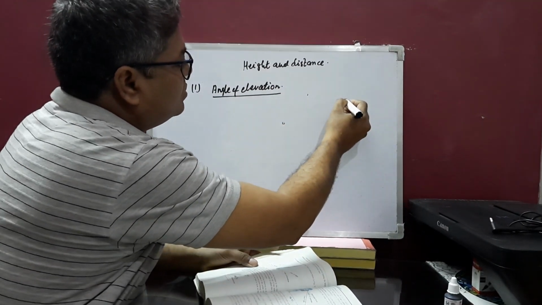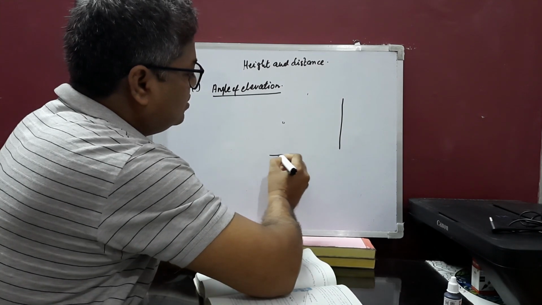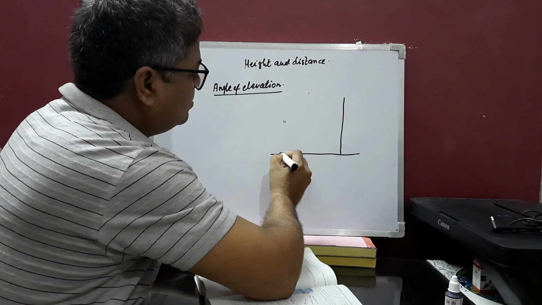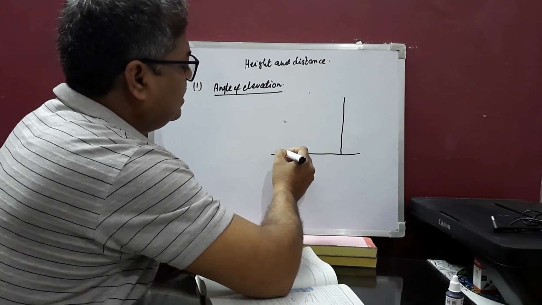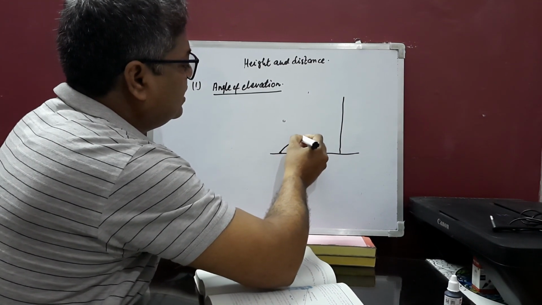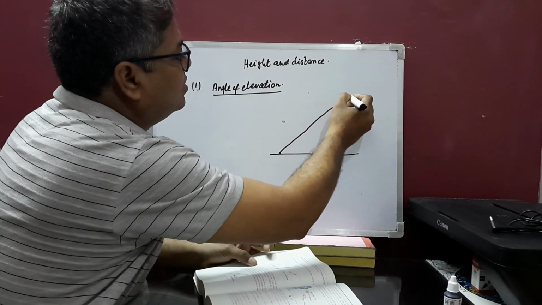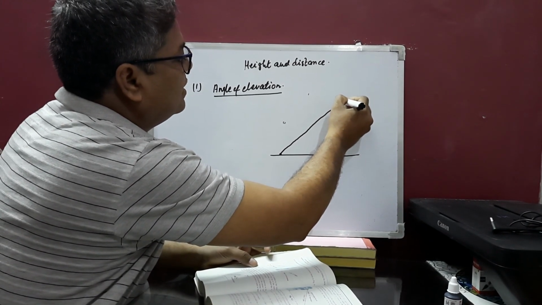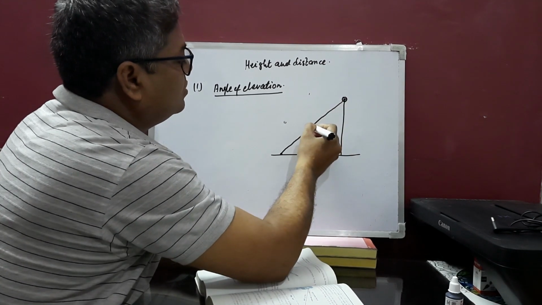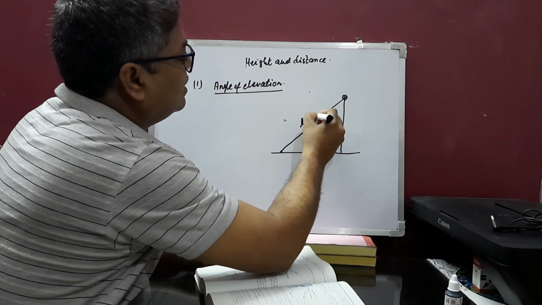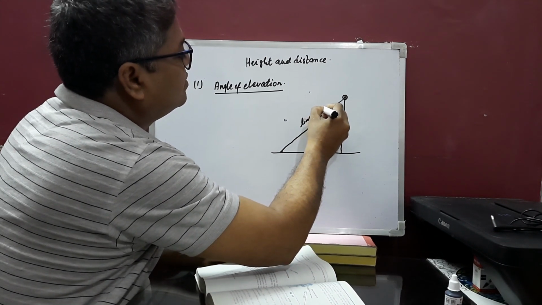Let us suppose this is the horizontal line and an observer is here and he wants to see an object placed above the horizontal line here. So this is called line of vision.